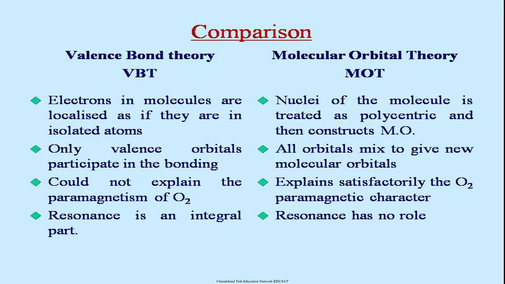According to this theory, the electrons in a molecule are localized as if they are in isolated atoms, and their identity remains as such.